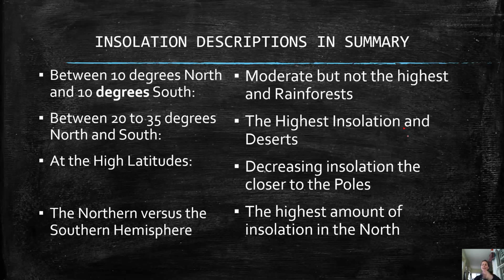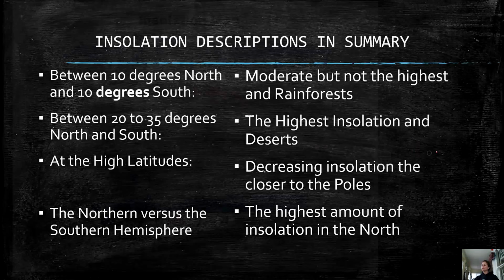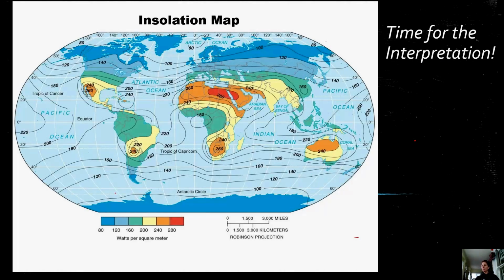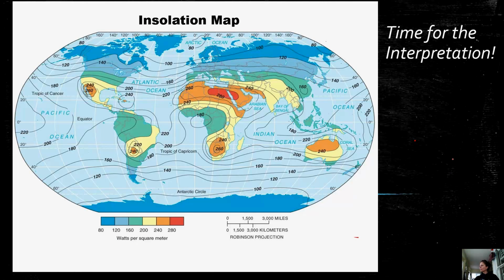Once again, we see the high latitudes, as we move toward the North Pole and the South Pole, intercepted solar radiation, insolation, is decreasing. And then we compared in general the northern hemisphere from the southern hemisphere, and sure enough, we found that these generalizations could be made, and they're non-arguable statements of watts per square meter reached at the Earth's surface.